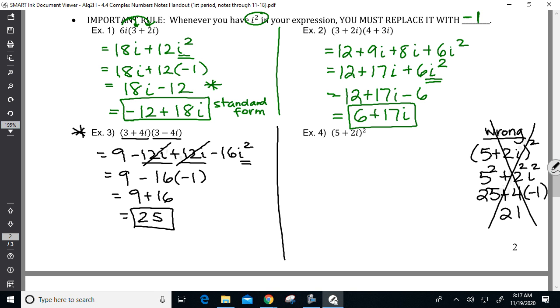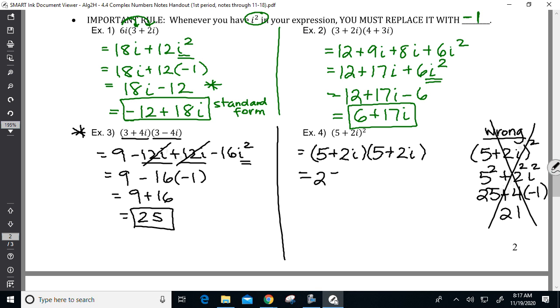The reason why it's wrong is that it's squared. Write it twice. Then do FOIL.